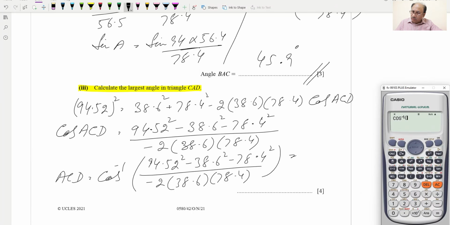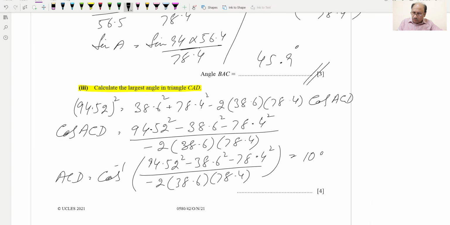This results in shift cos of the fraction: 94.52 squared minus 38.6 squared minus 78.4 squared divided by minus 2 into 38.6 into 78.4, bracket close over here also, and this is 102.37, so we can write 102.3 degrees.